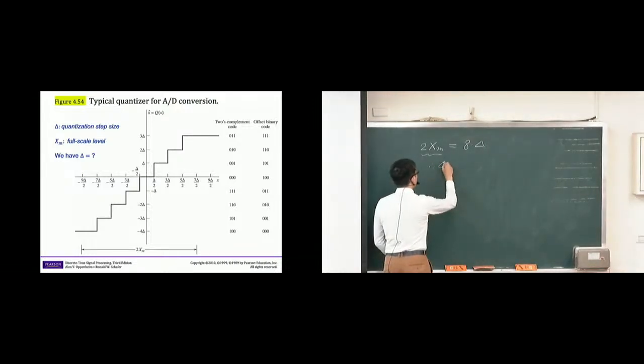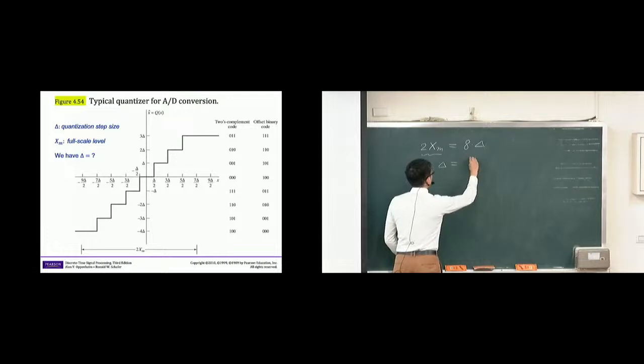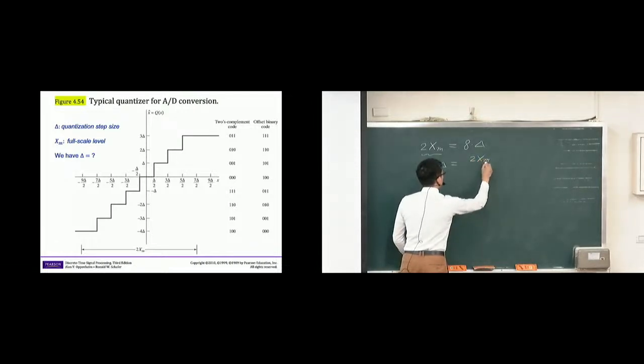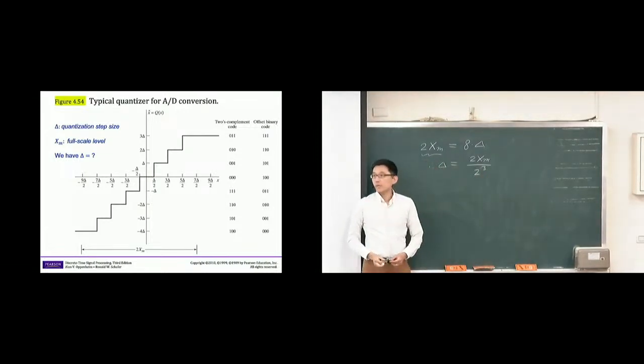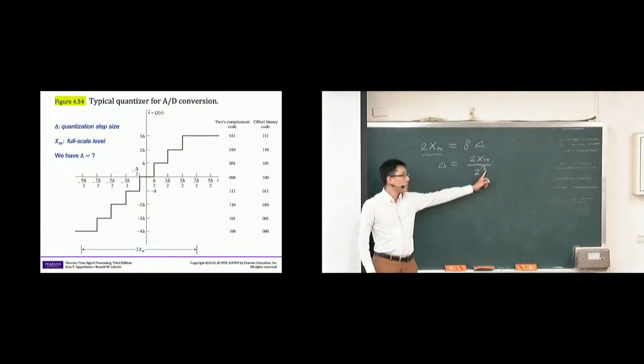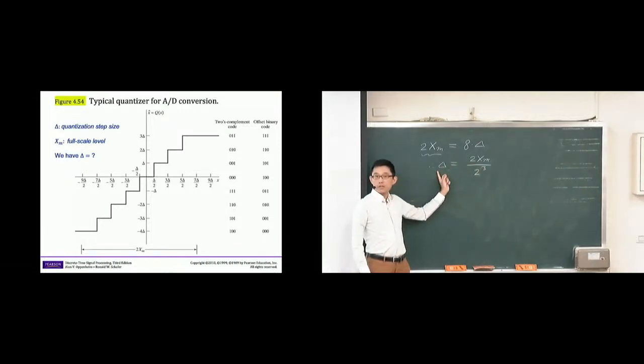So delta is equal to 2xm divided by 8. Now what is 8? 8 is 2 to the 3rd power. So this is a relation between how many bits we have, what's the full scale, and what's the quantization step size. Roughly speaking.